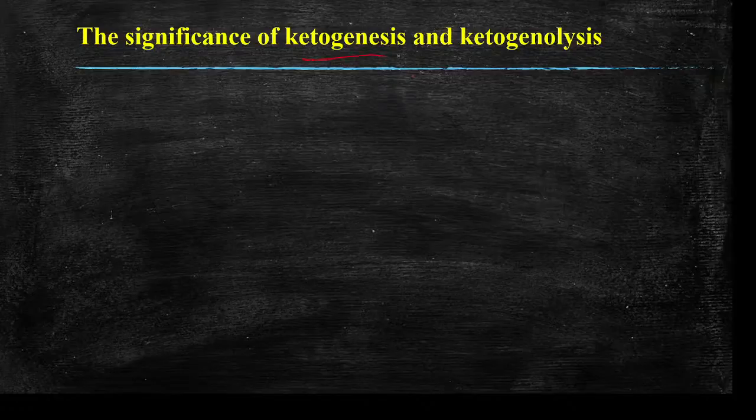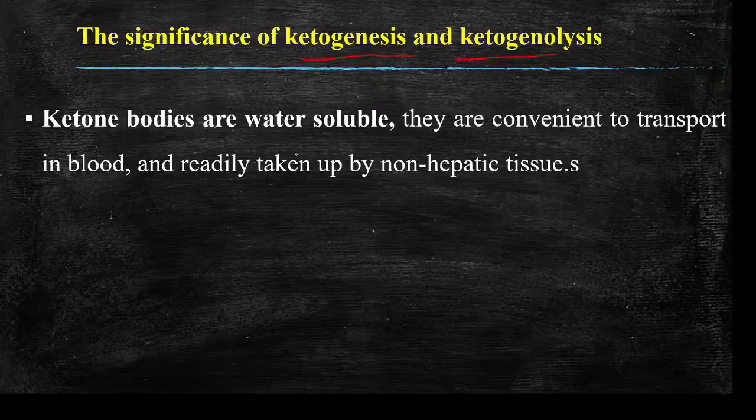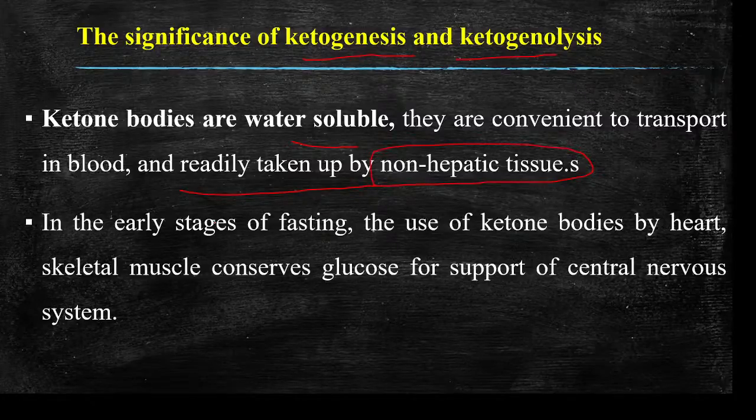What is the significance of ketogenesis and ketolysis? Ketone bodies are water soluble. They are convenient to transport in blood and are readily taken up by non-hepatic tissues, that is, tissues other than the liver. In early stages of fasting, the use of ketone bodies by heart and skeletal muscle will conserve glucose, because our central nervous system does not readily utilize fatty acids unless it is an extreme condition of starving.